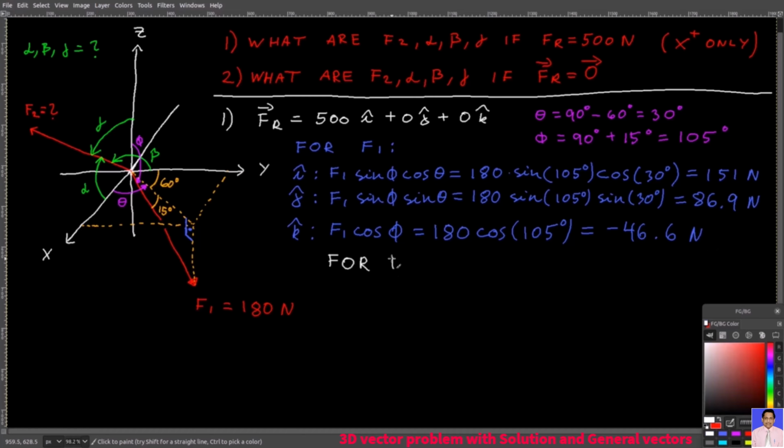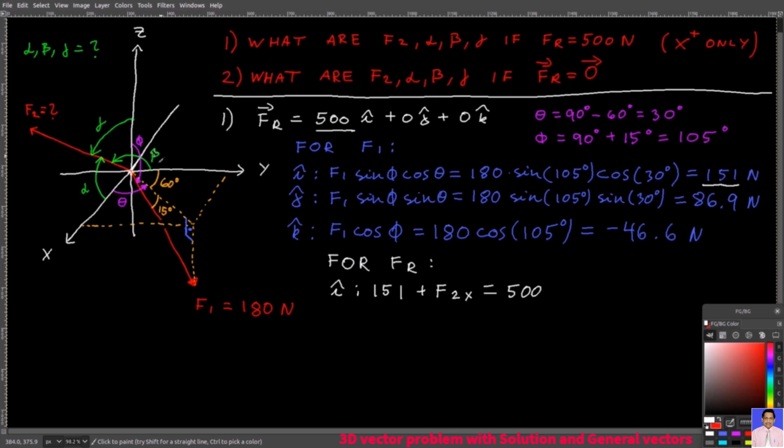And now, for the resultant vector Fr, in the i direction you have 151, which is this one, plus the x direction of the F2 vector, and that needs to equal 500 newtons, which is here. So you're adding up the x components of your F1 and F2 vector.